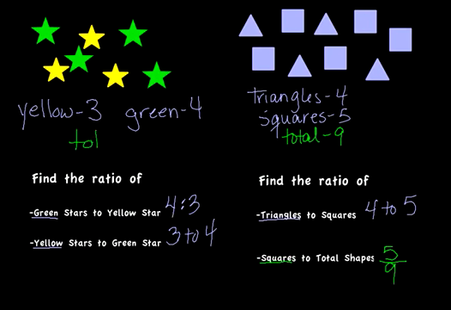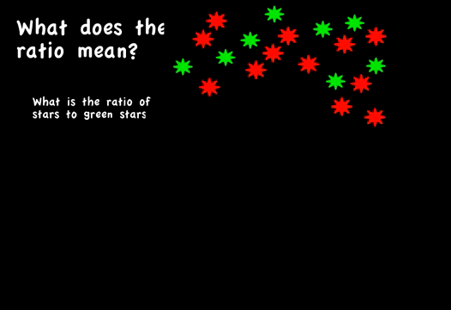So the total for this problem would have been 7. And you might see a problem that looks kind of like total stars to green stars, which would be? Total stars was 7. Green stars is 4, so 7 to 4. Very good. So I guess our next question is, what does a ratio actually mean?